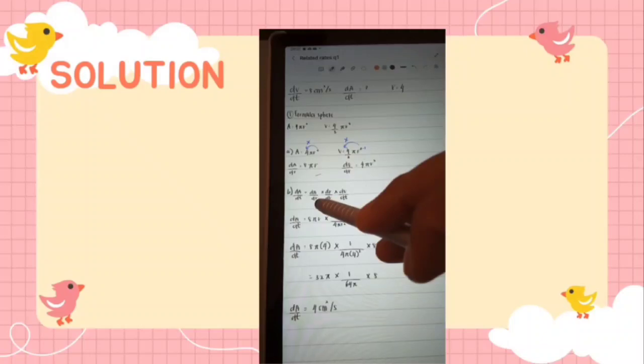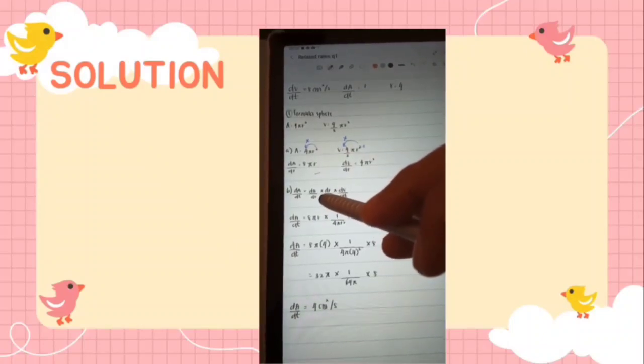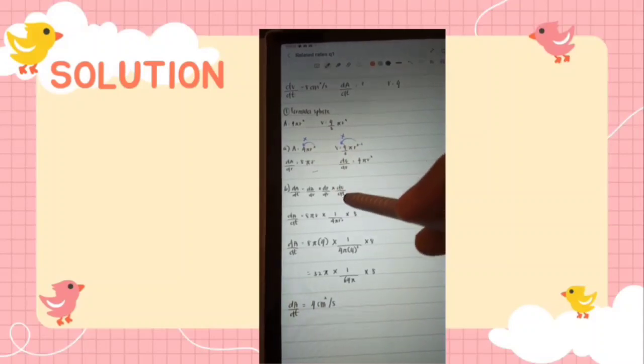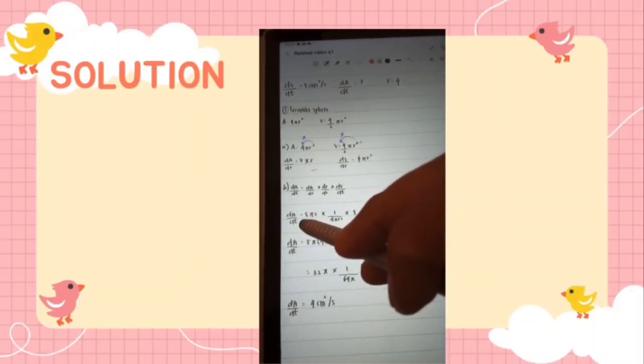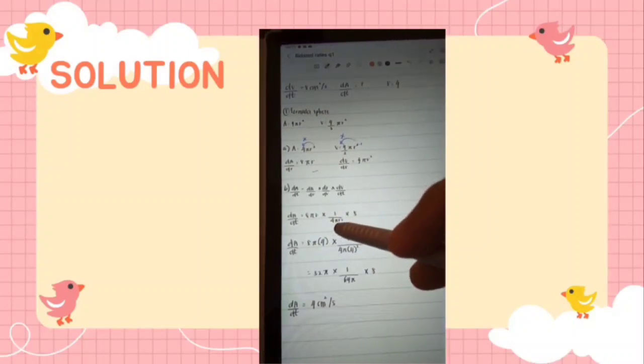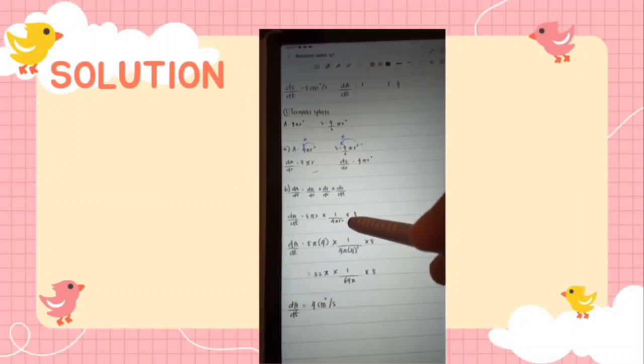We're gonna use dA over dr multiply by dr over dV and multiply by dV over dt. So dA over dt is equal to 8 pi r multiplied by 1 over 4 pi r square multiplied by 8.